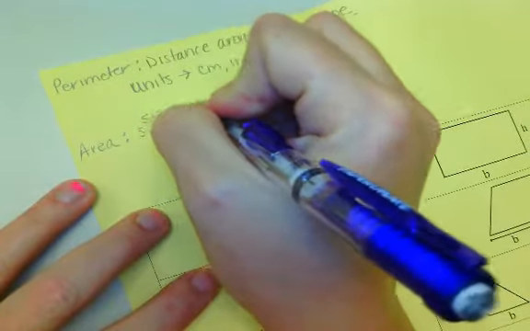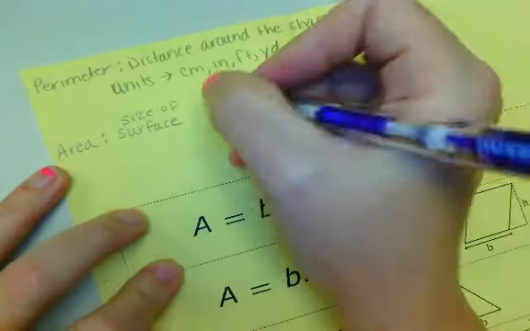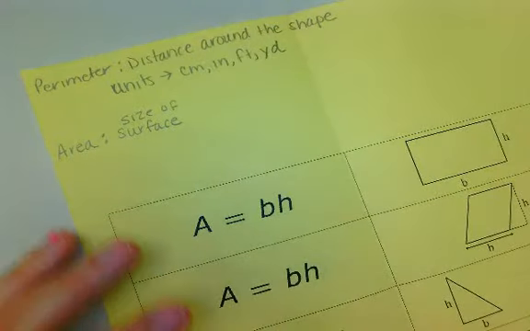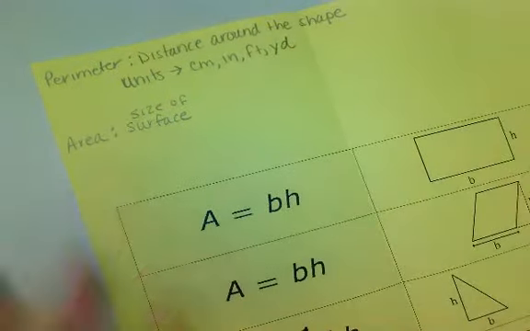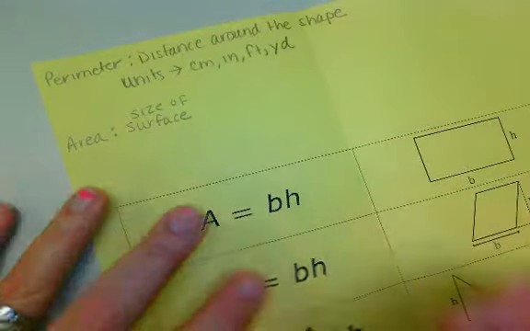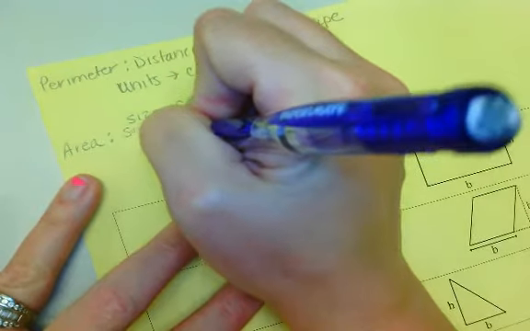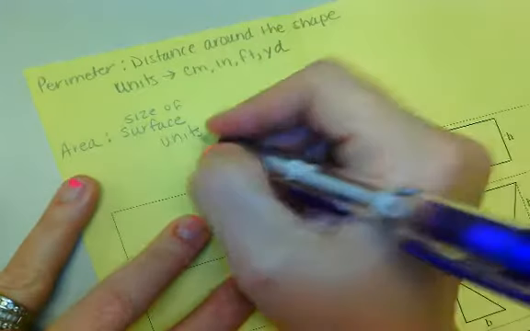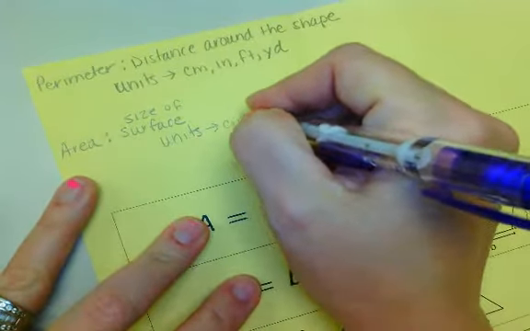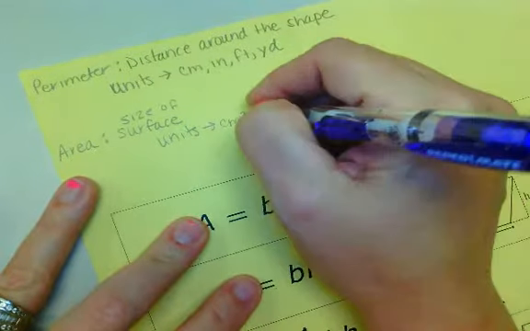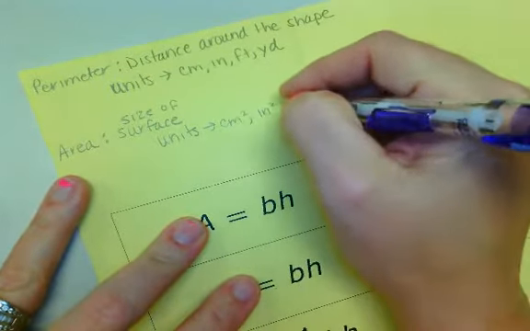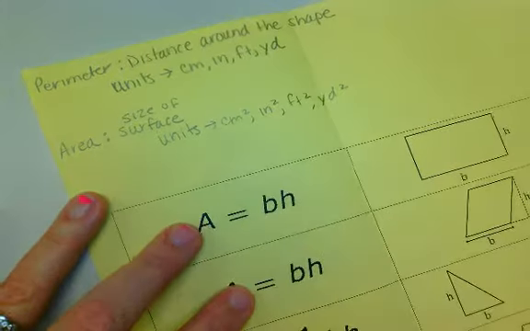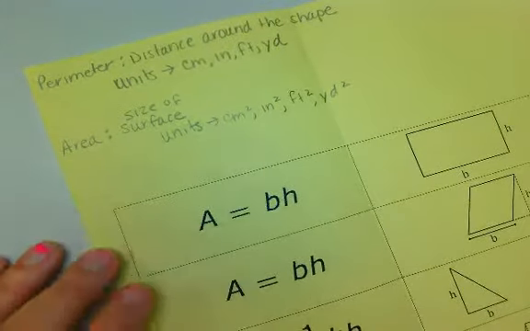So it kind of helps to think of it as how much would it take to cover the shape. So if I were going to paint something, how much would it take to cover it? And units for area are always squared. So, for example, centimeters squared, inches squared, feet squared, yards squared. Those are just some examples.